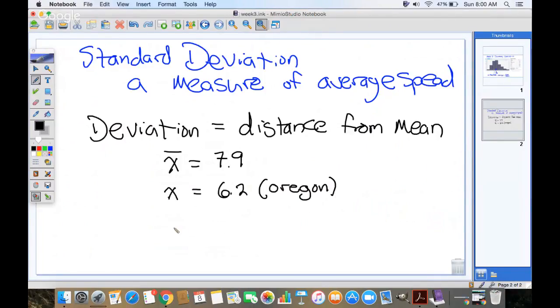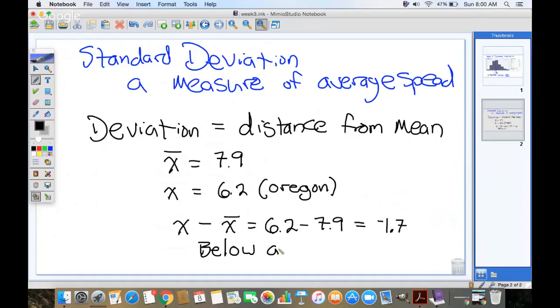Now, if I take my value and subtract the mean, that gives me 6.2 minus 7.9, which ends up being what? Negative 1.7. So it tells me two things. The negative tells me that Oregon is below average. And it tells me by how much.